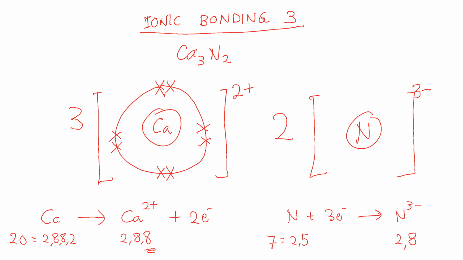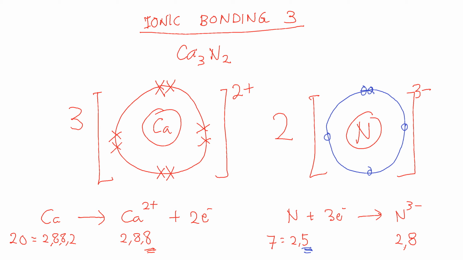Now in the case of the nitrogen, we must be careful with the symbols that we use to draw the electrons. The electrons that the nitrogen atom possess at the start, we use a different symbol. Nitrogen originally had 5 electrons of its own, so we draw these 5 with a different symbol.